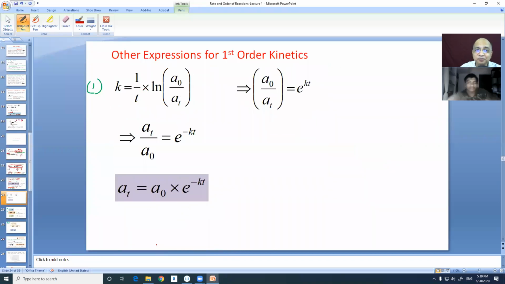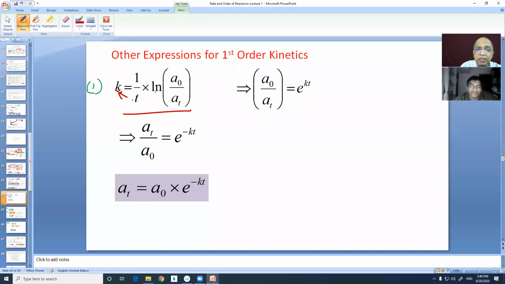Now see, there are other expressions. First order kinetics has other expressions. It's not the integrated equation, which is already done, but this is the exponential equation. So you bring that integrated equation. Since the base is e, if you bring t to the other side, it will be kt, and this ln A0 by At is equal to kt.